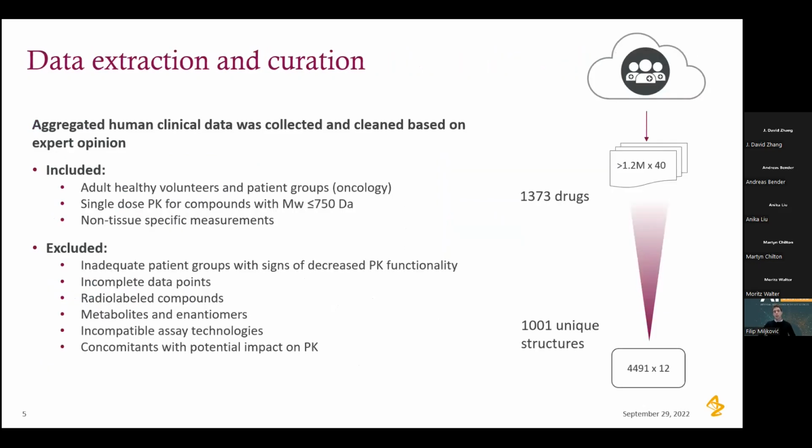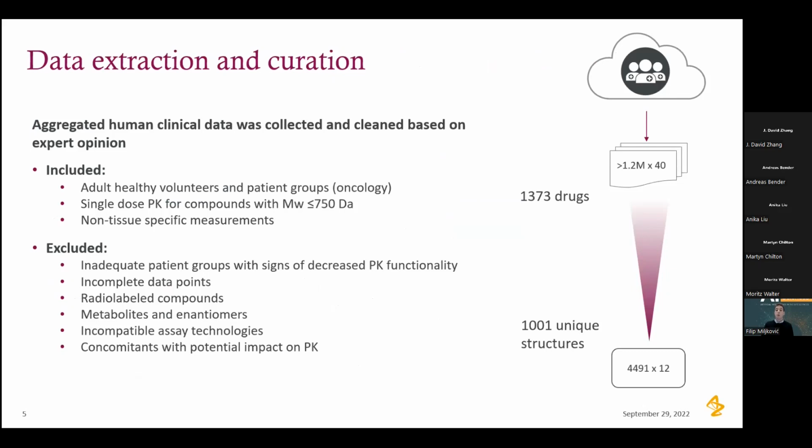When it comes to the data that we've used, the Pharmacokinetics PK module basically collates all the FDA and EMA documents that have become available with decades of medicinal chemistry research.